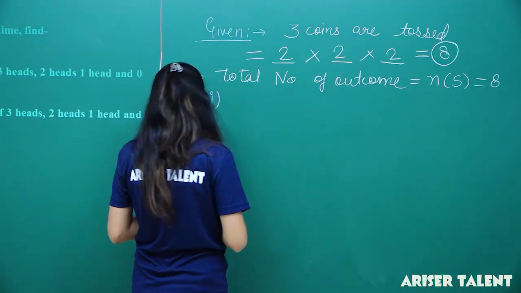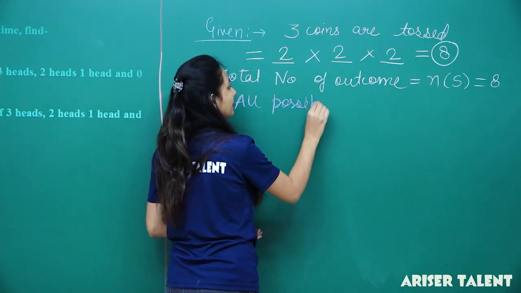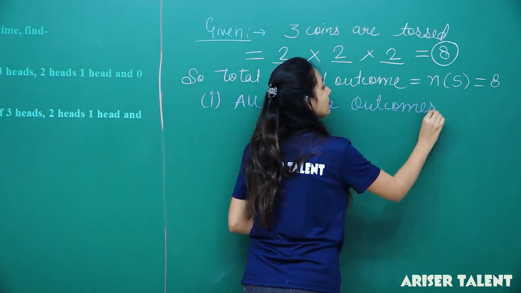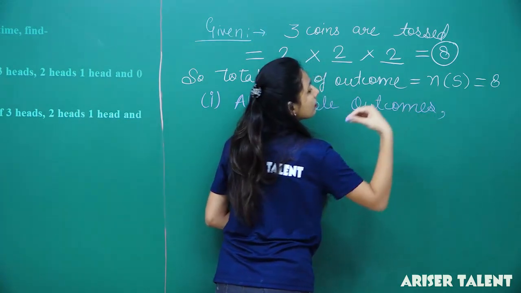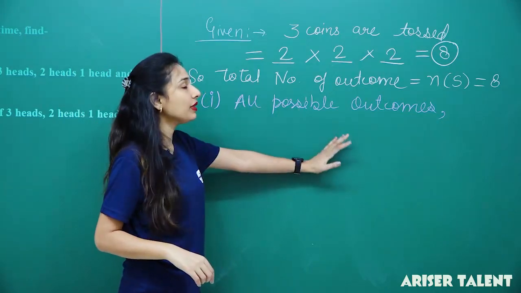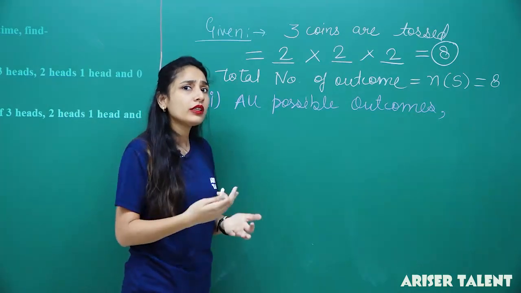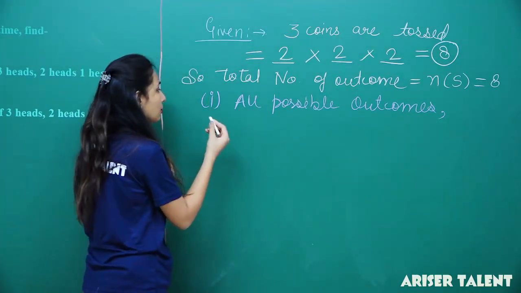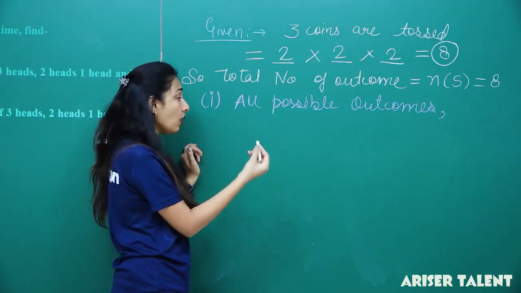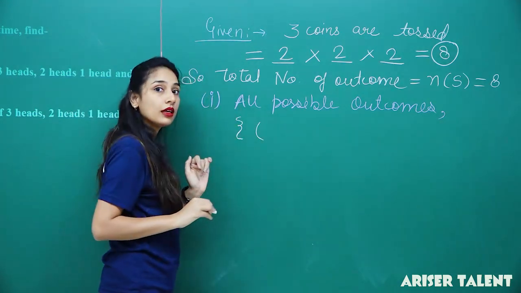Now, the very first thing we have been asked is to write all possible outcomes, right, students? Now you need to use your brains. I'm tossing 3 coins. What and what can be the cases? This is so simple. So I'm going to describe that event, the possible events, as a set.